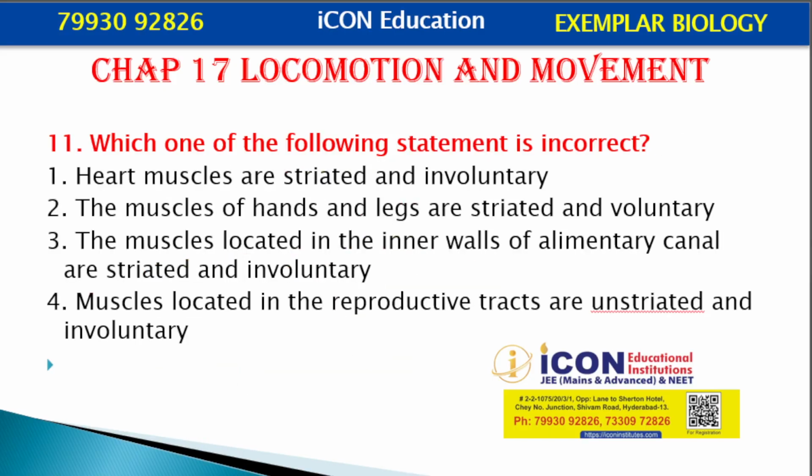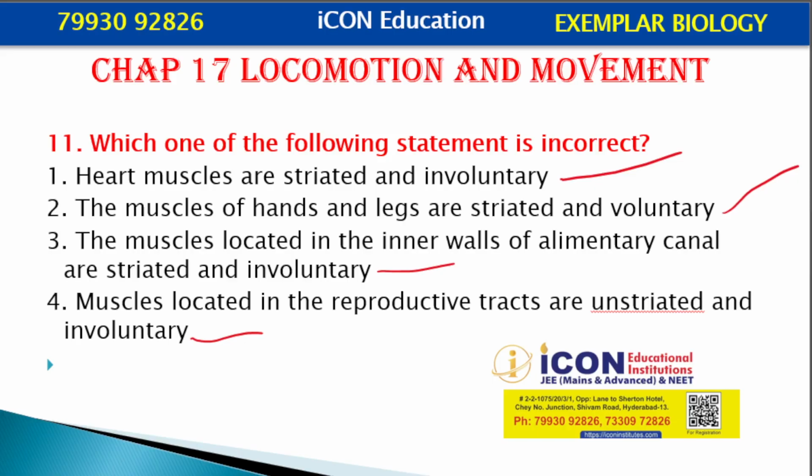Which one of the following statements is incorrect? Heart muscles are striated involuntary. The muscles of hands and legs are striated voluntary. Muscles located in the inner walls of alimentary canal are striated and involuntary. Muscles located in the reproductive tracts are unstriated and involuntary. Here asking about the incorrect statement.